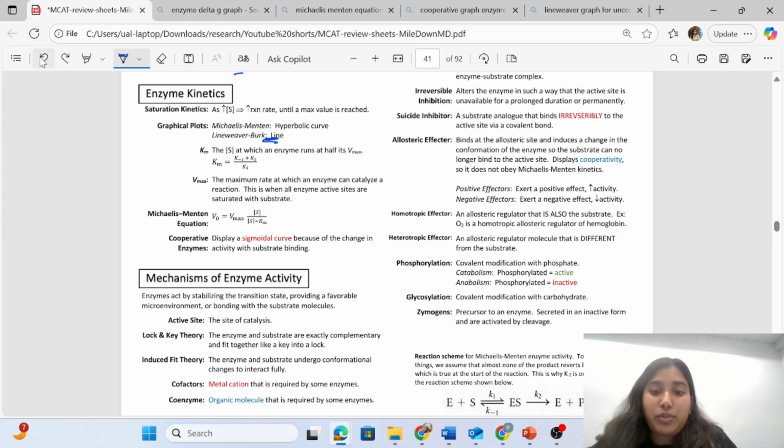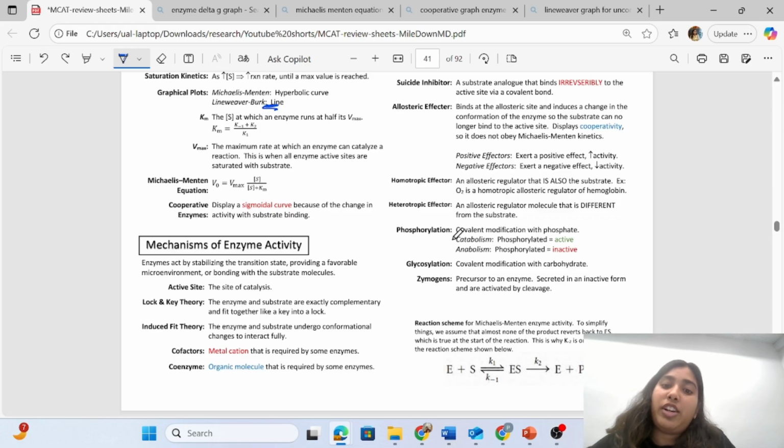Then we came to phosphorylation, as I promised. Phosphorylation is the modification by adding a covalent bond with a phosphate. If we phosphorylate something by adding a phosphate group during catabolism, that is breaking down for energy, it makes the enzyme active.